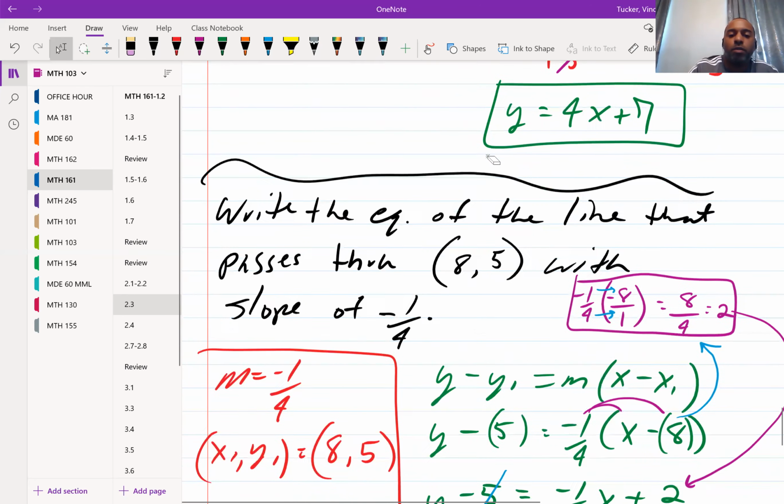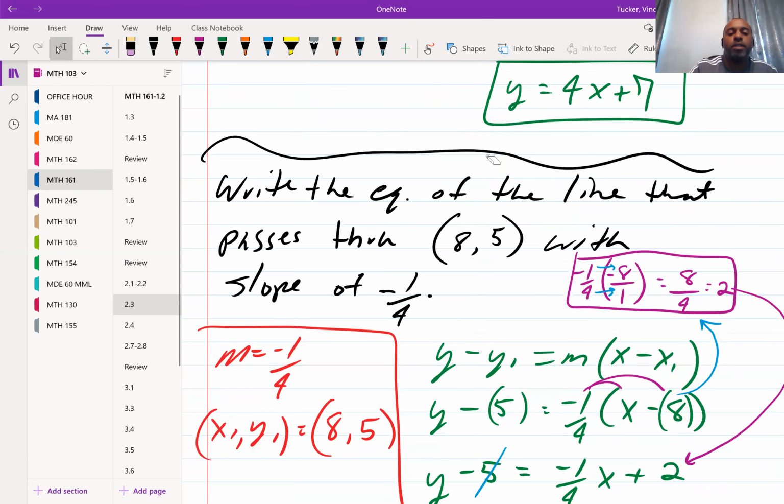So slope is -1/4. X1, Y1 is 8, 5. Plug in accordingly. Once again, we're talking about Y1, M, and X1. So plug in 5 for Y1, -1/4 for M, and then 8 for X1.